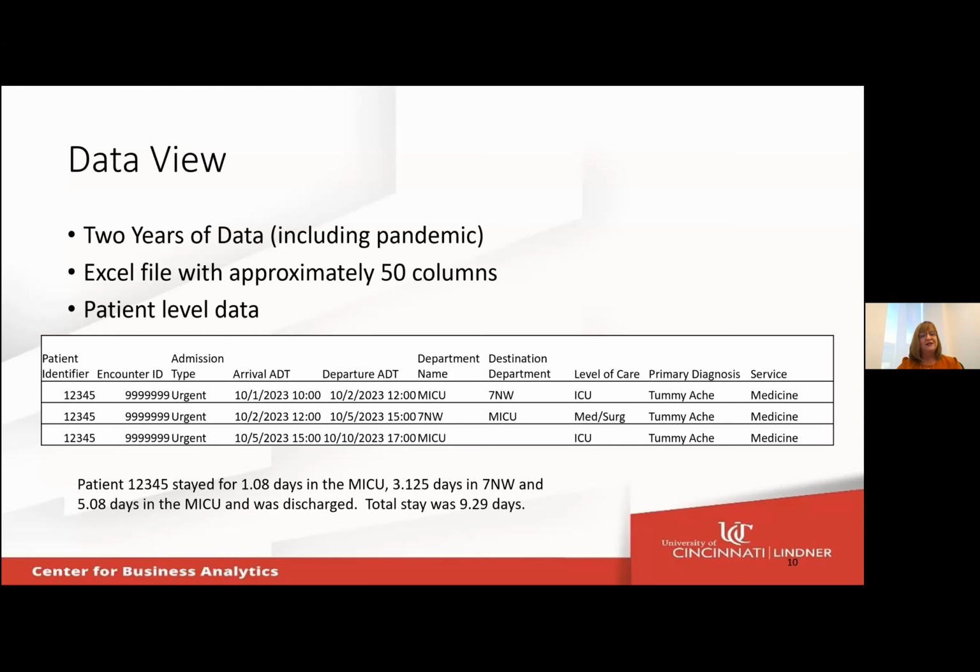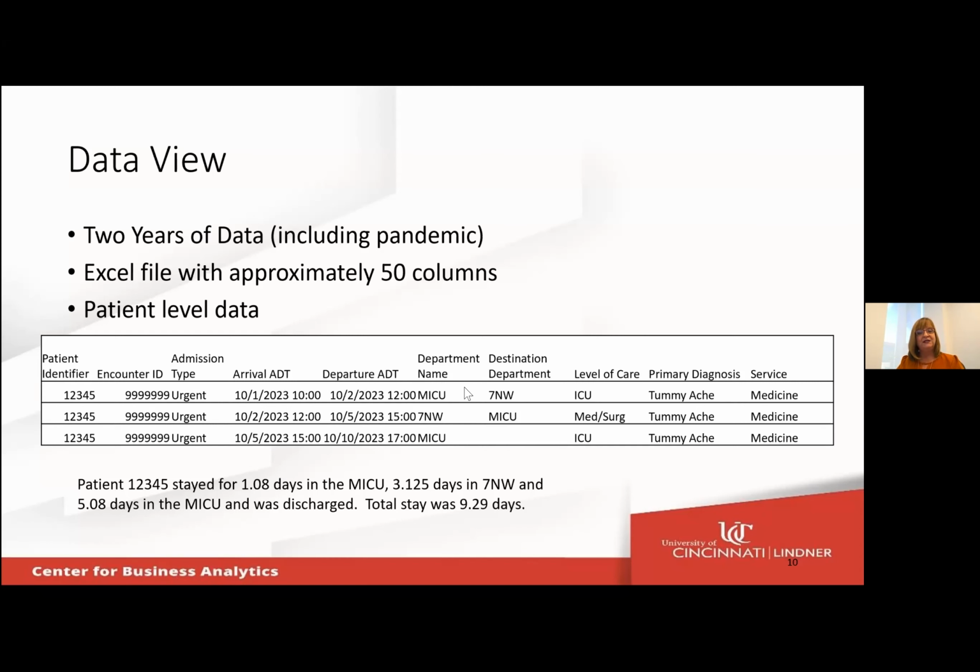You can see here, we've got a patient identifier to talk about which patient this was. We have an encounter ID, which identifies when they first entered the hospital, their admission type. We've got an arrival time and a departure time. You can see this particular patient had an encounter ID of 99999, and they came on October 1st. They were first put in the medical ICU, the MICU, and they were there for just over a day.